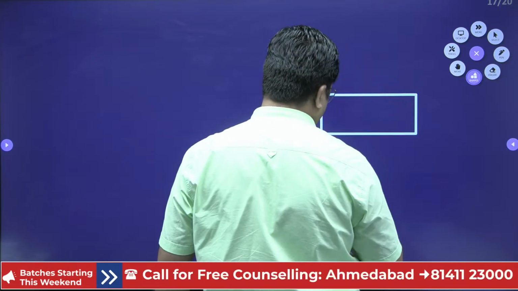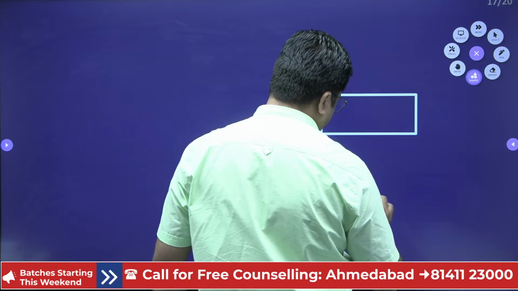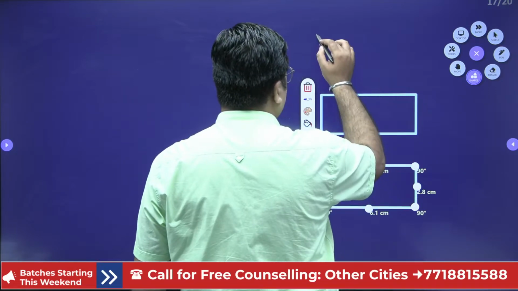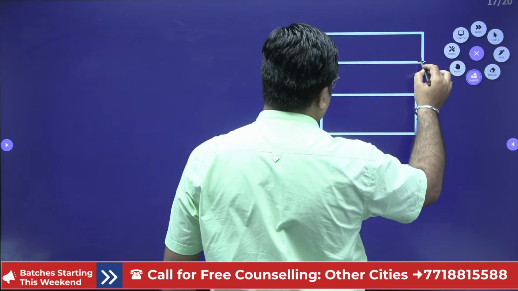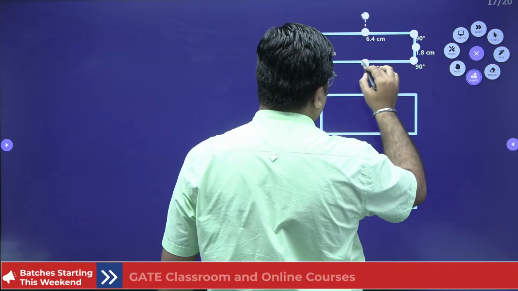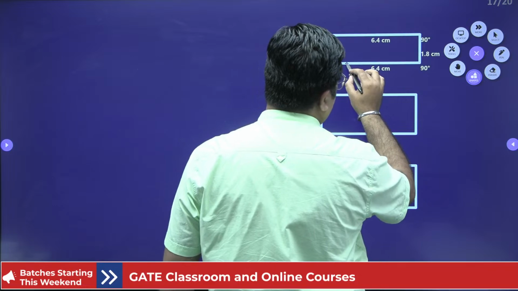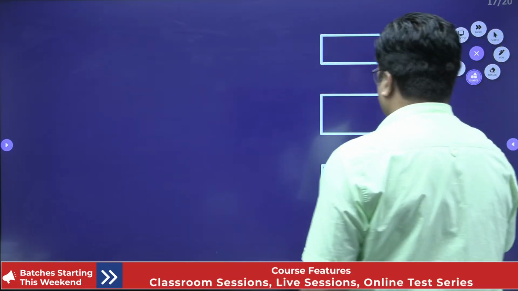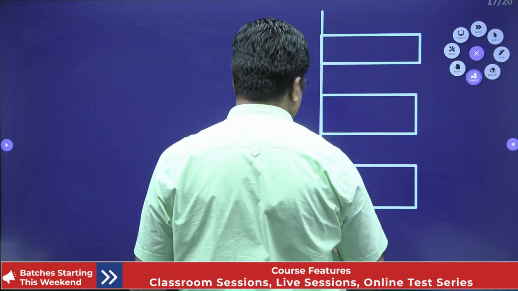This is my first member, and then I have the second member. I'll take one more member, 3 member. So these 3 are the members. For these 3 members, they are connected by a clamp like this.